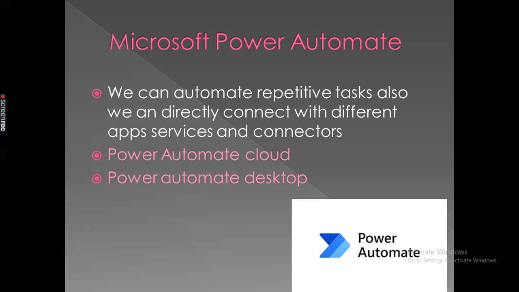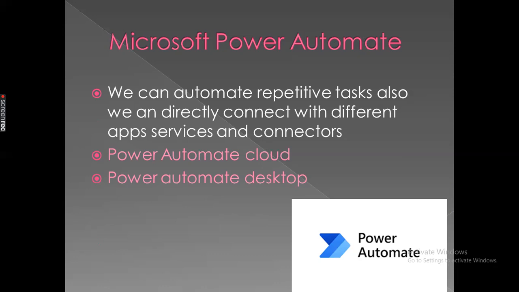Microsoft Power Automate has two different tools again. One is Microsoft Power Automate Cloud, and the second one is Power Automate Desktop. Cloud is mainly used for the latest applications that contain APIs, and with Power Automate Desktop, you can automate different applications like PDF, XML, web applications. You can capture UI elements, and you can automate web and Windows applications. Everything you can automate using desktop.